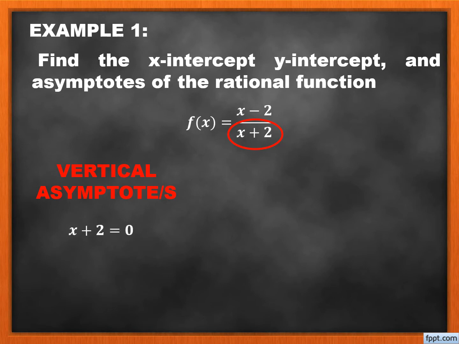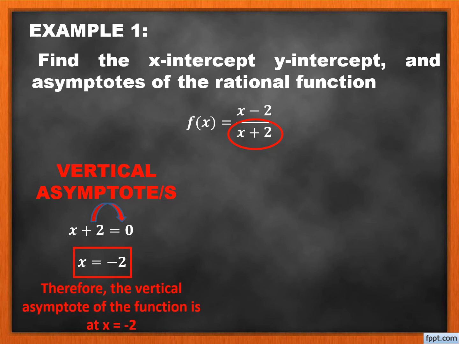So we have x plus 2 equals 0. Solving for x, we're going to transpose positive 2 to the right side of the equation. Then it will become x equals negative 2. Therefore, the vertical asymptote of the function is at x equals negative 2. So in this case, we only have one vertical asymptote.